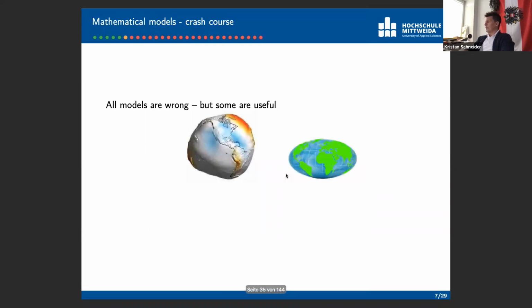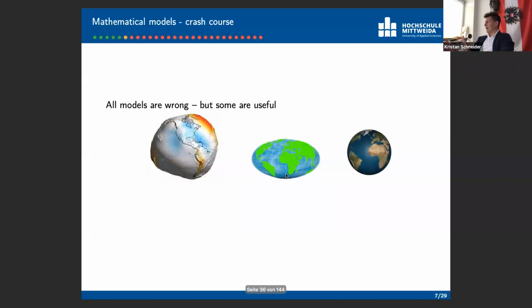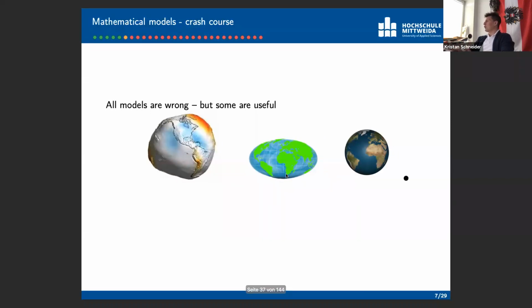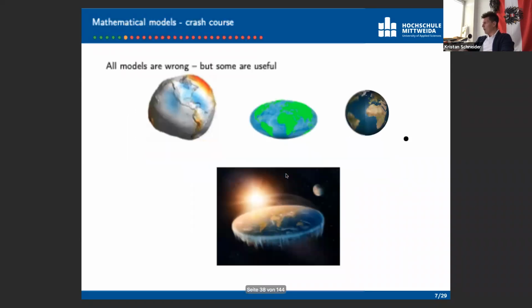Now, usually in a model, you idealize it. So you would model it like an ellipsoid, or even like a ball, or in some models you do it as a mass point. It depends on which granularity you need and what the purpose of your model is. But definitely you can also get the models wrong.